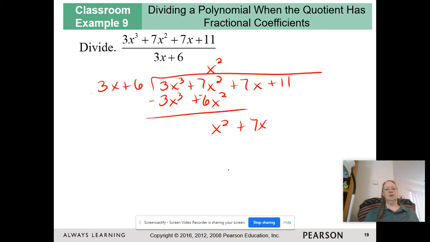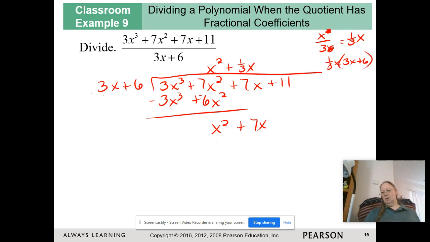And, let's look at this one. We've got x squared, and we're dividing it by 3x. Well, this x will cancel with one of these, and I have x over 3, which I'm going to write as 1/3 x. Like that. Okay? Now, we have to distribute. So I've got my 1/3 x, and I'm multiplying times 3x plus 6.